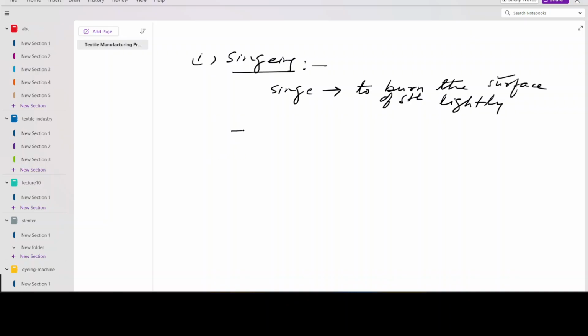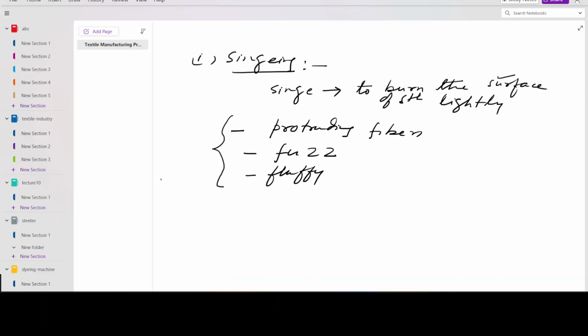What is burned in fabric? Protruding fibers, any fuzz, any fluffy material. These are singed. What will we get after this? We will get a smooth surface.